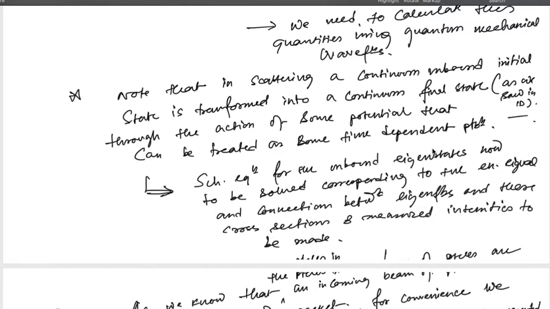Now both the incident beam are coming from far and going far from the actual object where the things happen. So they don't themselves encounter a potential in the asymptotic limit. So it's the problem of a continuum unbound initial state that is transformed into a continuum unbound final state through the action of some potential for a short time. That is why one can visualize this problem as time dependent perturbation theory.